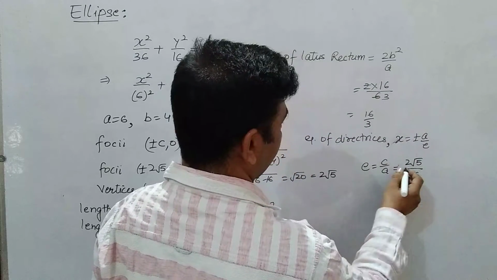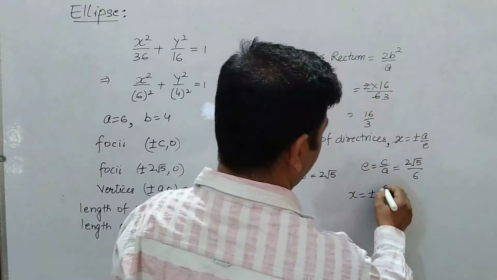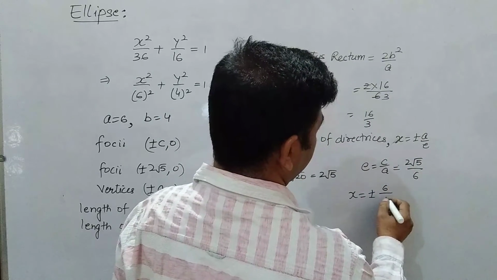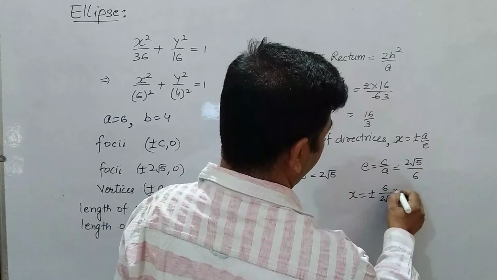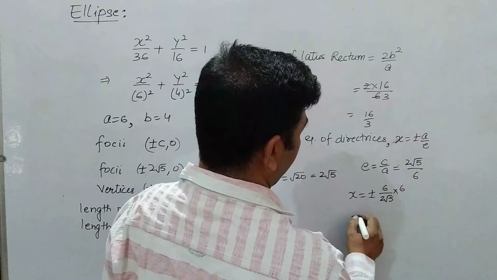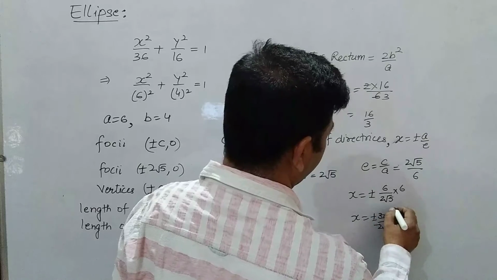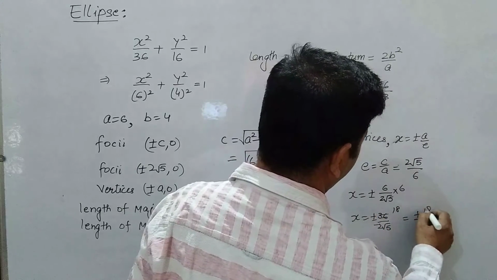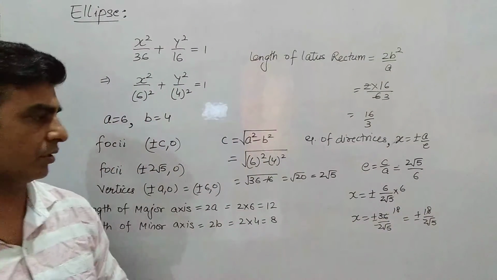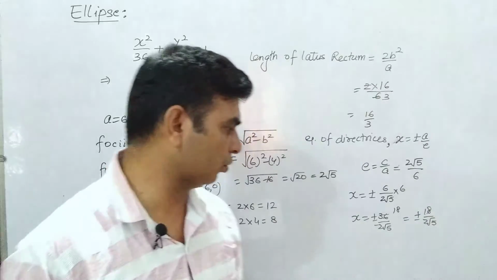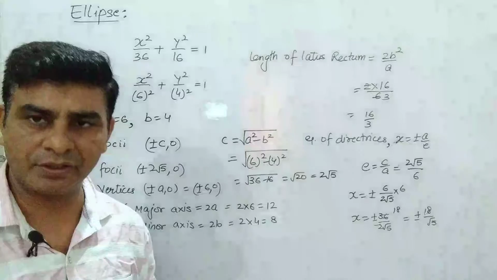So x is equal to plus minus a upon e, which is 6 upon 2 root 5 by 6, giving x is equal to plus minus 36 upon 2 root 5, and simply this is plus minus 18 upon root 5.